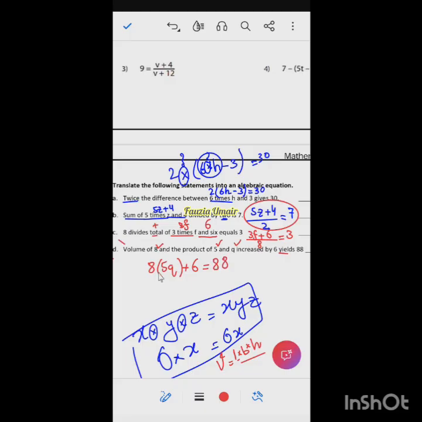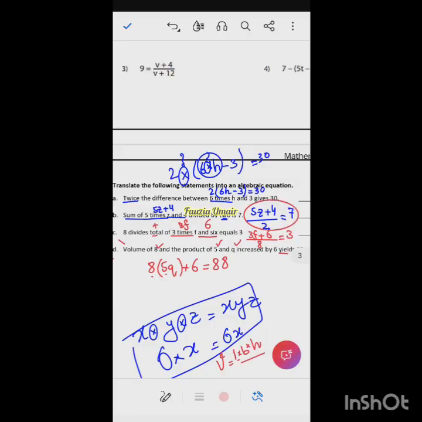It should be like this. Why is it called volume? Because these 3 numbers are multiplied, so volume of 8 and the product of 5 and q increased by 6 gives you 88. Right?